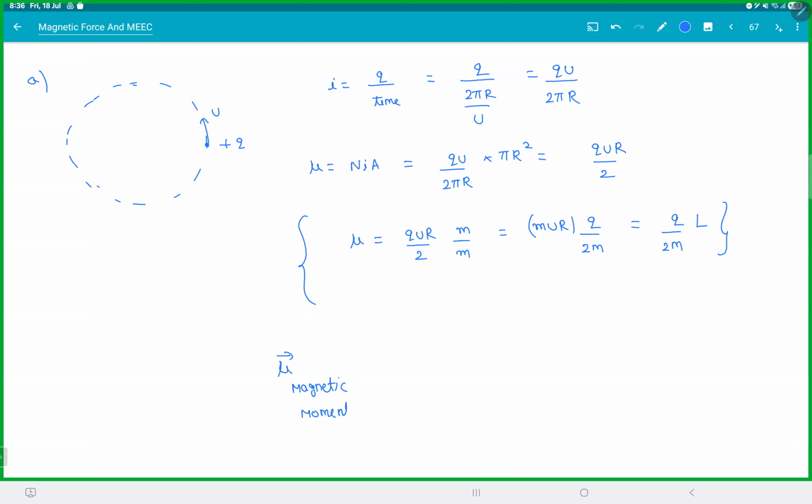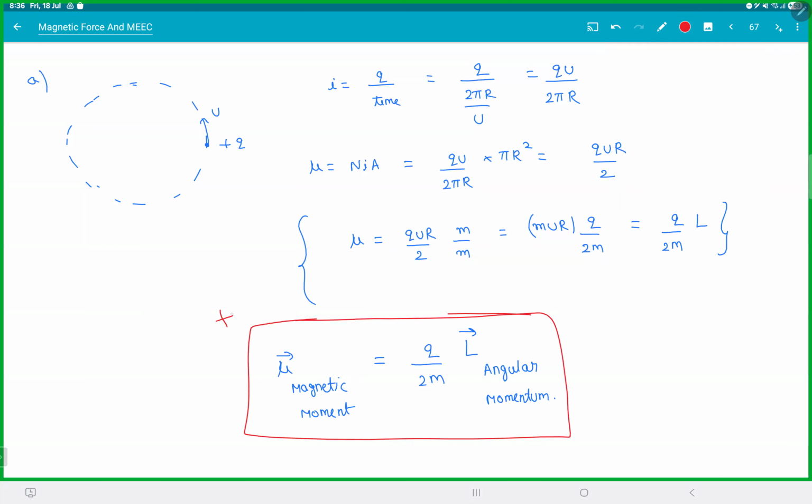It is valid for uniform charge distributions. How will you do it for the ring?